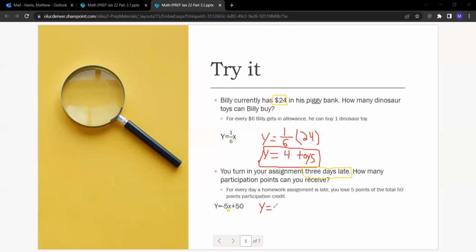Y is equal to -5 times 3 plus 50, which is equal to -15 plus 50, which is equal to 35. So 35 points. All right, let's move on to the next one.